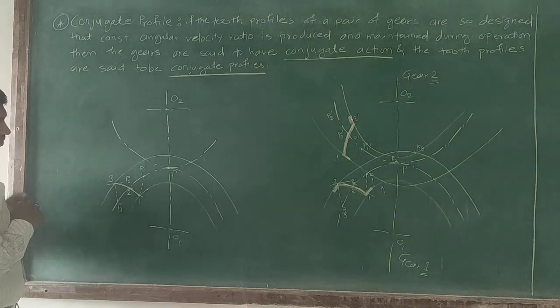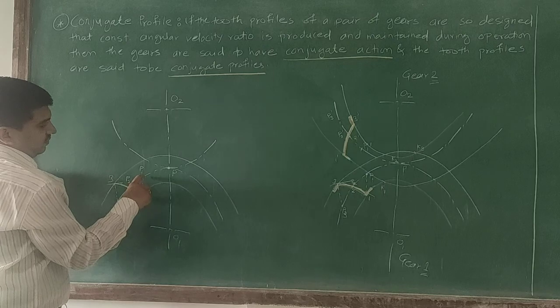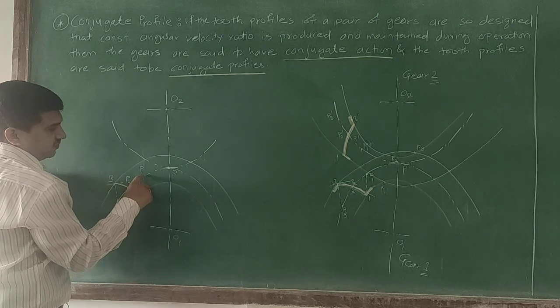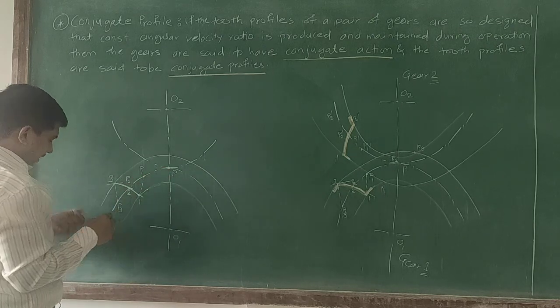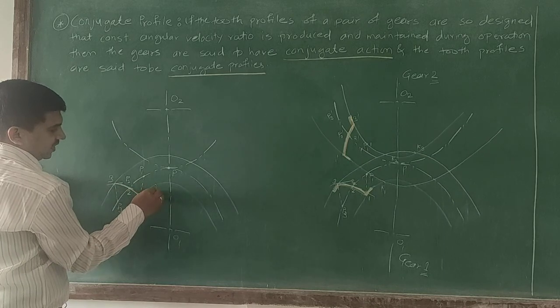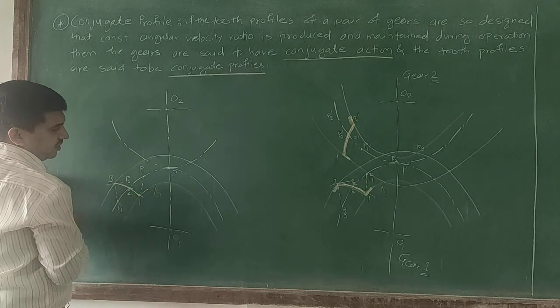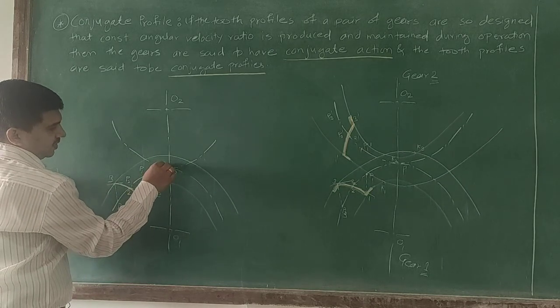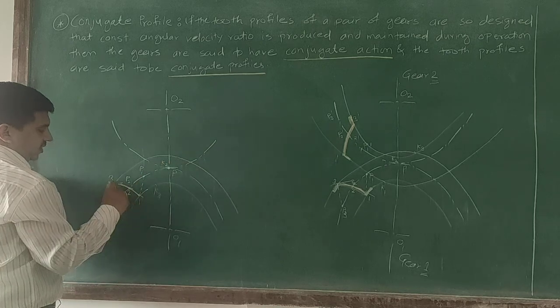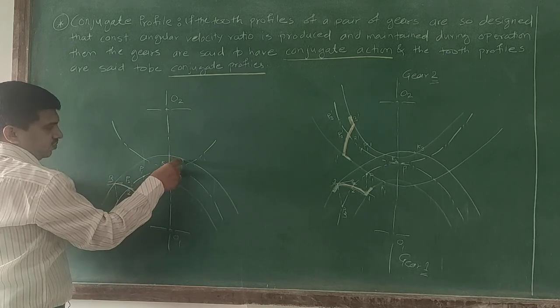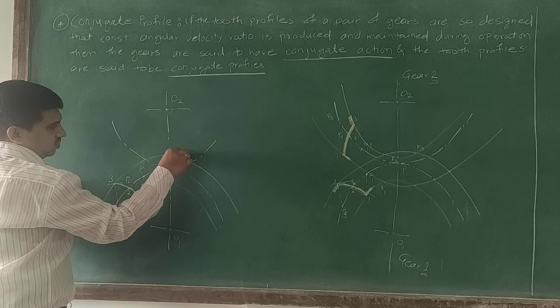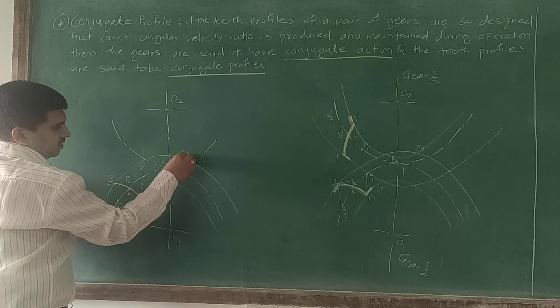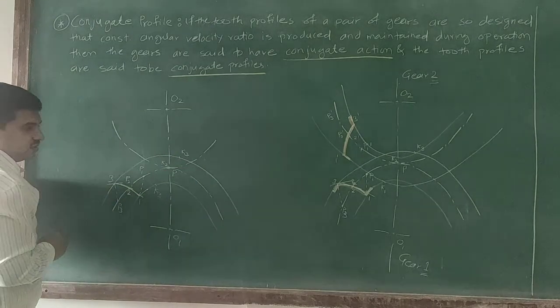Then we measured this particular distance in our compass, put it over here and cut an arc, so that we get this point as K3, this point as K2, and this point as K1. Done.